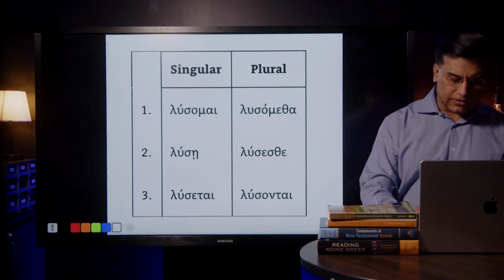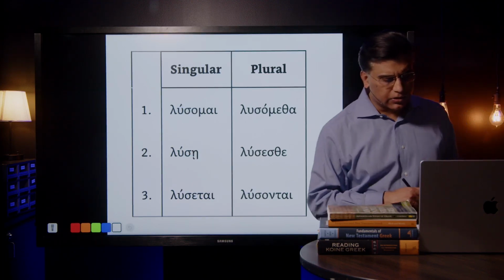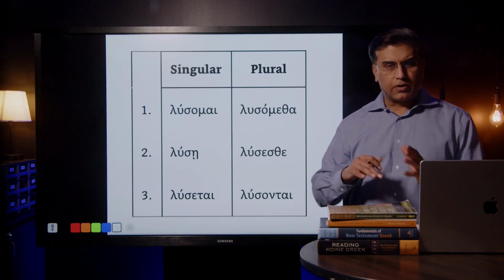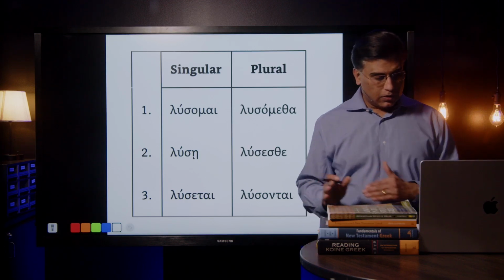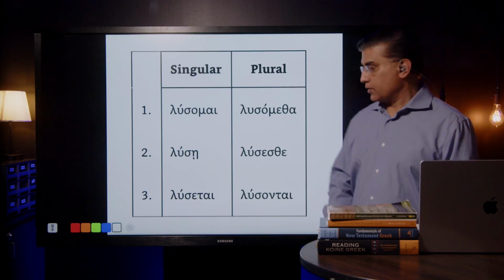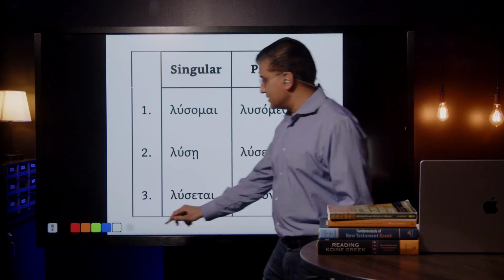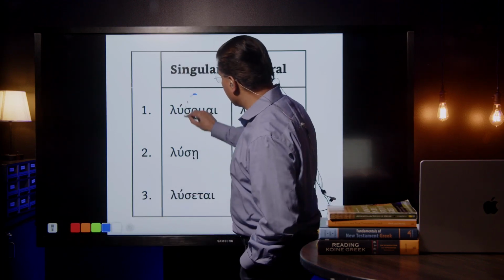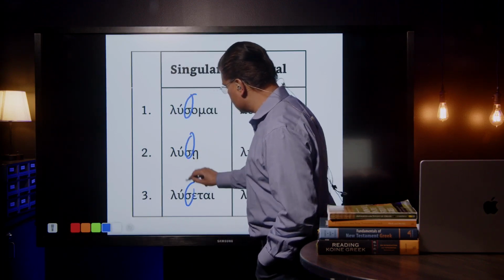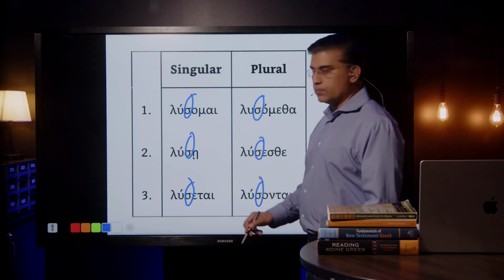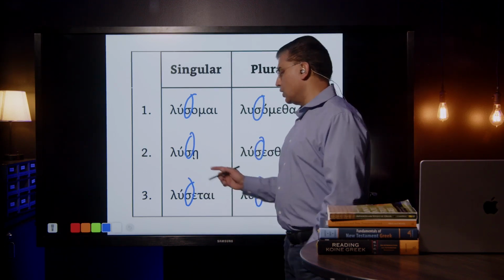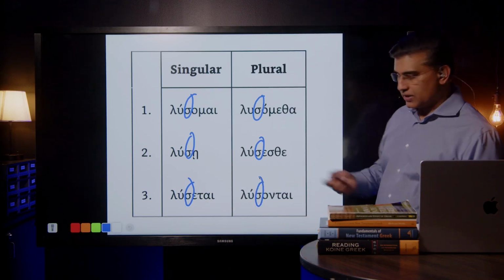But then here's something he introduces, which is the future middle indicative of luo. So how does that work? Remember how in future forms the sigma would show up, and it would be luso, luseis kind of thing.